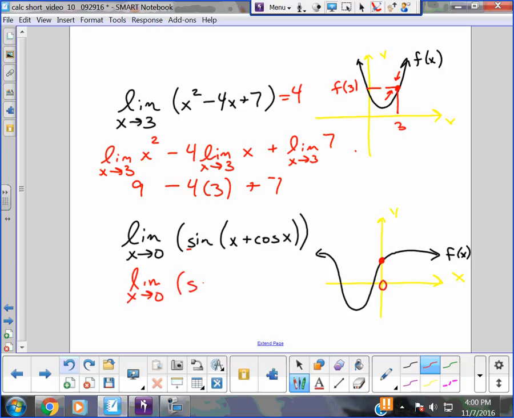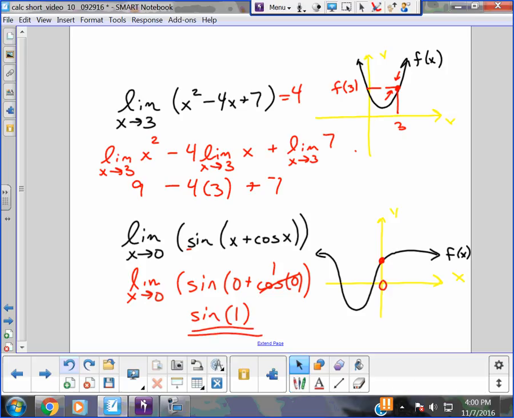So I get sine of 0 plus cosine of 0. Cosine of 0 is 1. So I get sine of 1 radians, all right, as the answer. And again, if you want to see this as a decimal, it's going to be like 0.7 something, but I'll just leave it as sine 1. And again, make sure you do your calculator in rads if you're going to do it this way. And these are both continuous functions. We just substitute in directly.